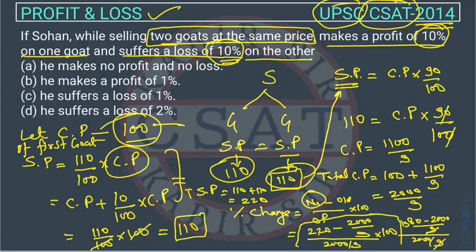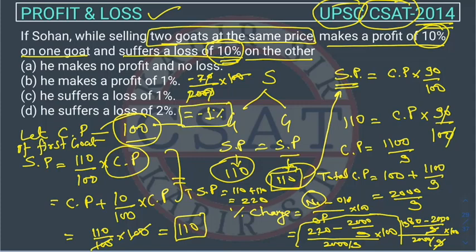This 9 will cut this 9 and this will come. Now I am solving here, I don't have space there, so it will come minus 20 upon 2000 into 100, right? Here we have 100 also, right? So this 0 will cut this 0, this 0 will cut this 0, this 2 will cut this 2. So it will be minus 1%.